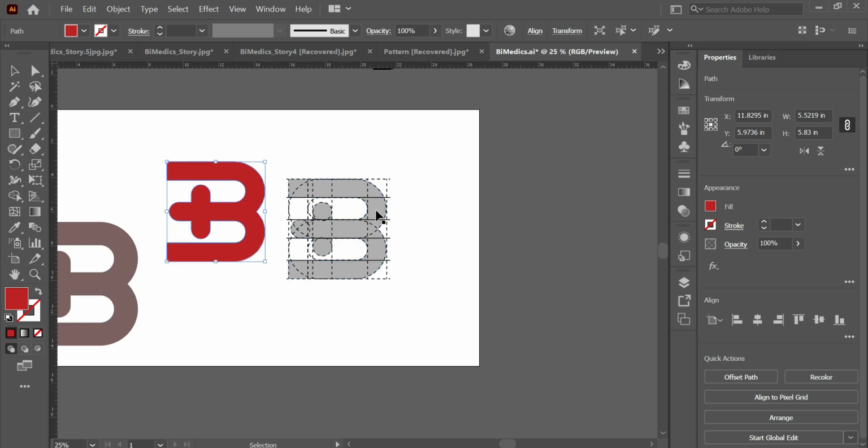The concept of B and the cross merged together. Once you see this, you can easily relate that this is a brand that has to do with medicine, right? So it really gives you this message or insight of what the brand is all about.